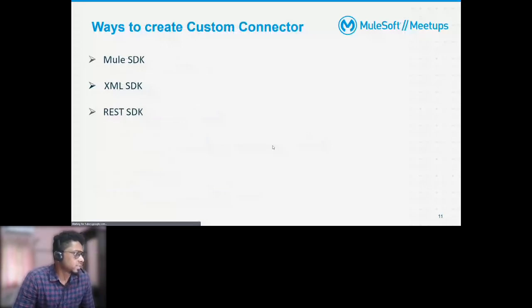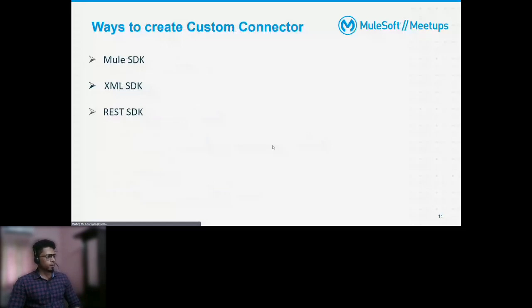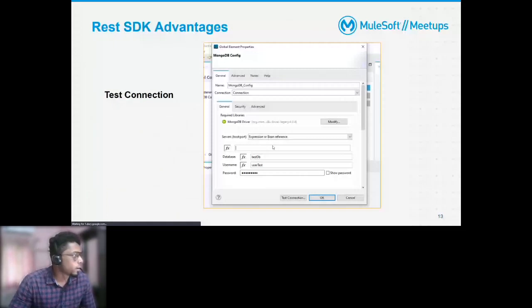And why REST SDK? What is the advantage of using REST SDK? These are all the points that I have mentioned over here. Instead of reading this as an advantage, we can call it a feature. These are also feasible under Mule SDK. But the advantage over here is that we don't need to implement it directly over the Java project, or know core Java itself.